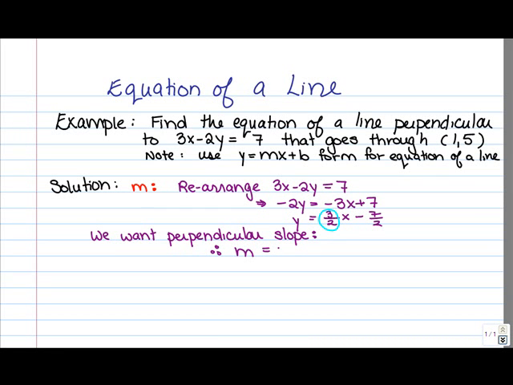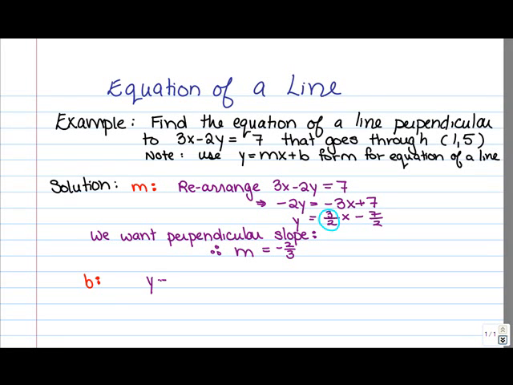Therefore, m works out to be -2/3. Because the slope of the other line is 3/2, if we flip that, we get 2/3, so that's the reciprocal, and we put a negative in front. We can check our work because if you multiply -2/3 times 3/2, you get -1, so that means the slopes are perpendicular.